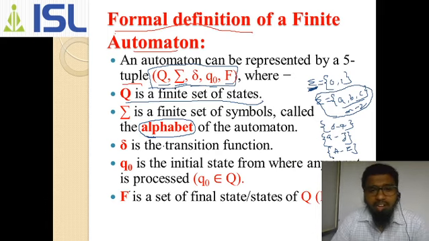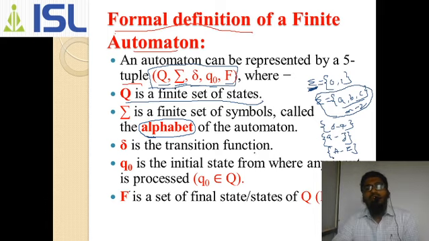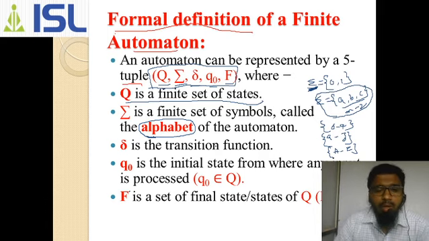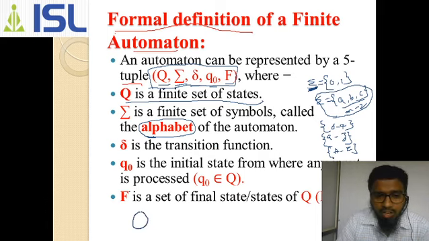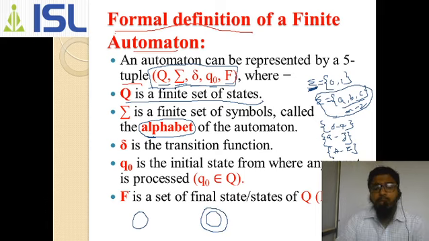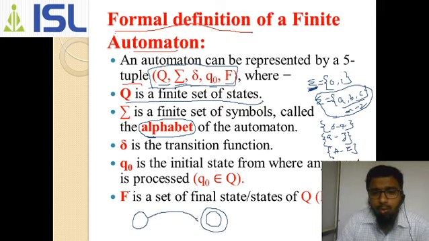Fine. Delta is a transition function, the transition from the initial state to the final state. This is the initial state and this is the final state. For example, how will you define the transition between the initial state and the final state? I will tell you. So this is a transition, like here going and getting back, and here like this, and like this.